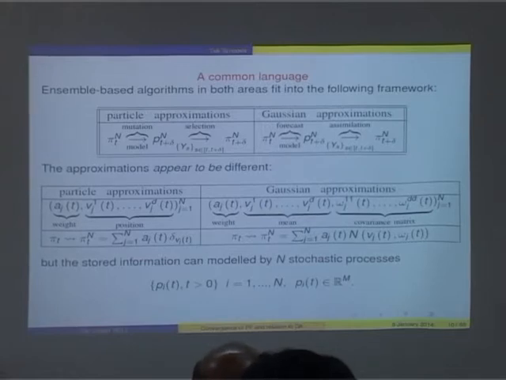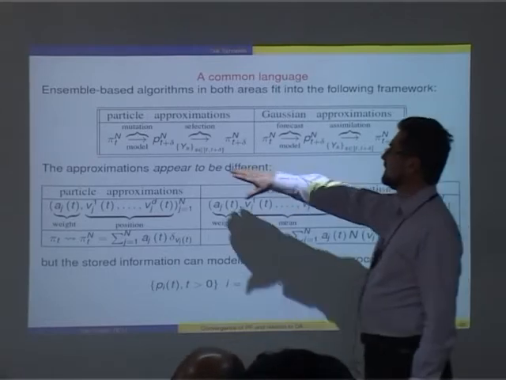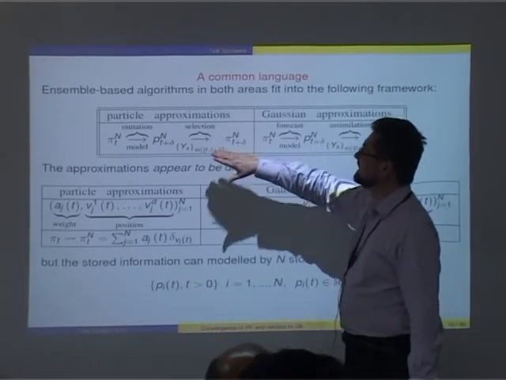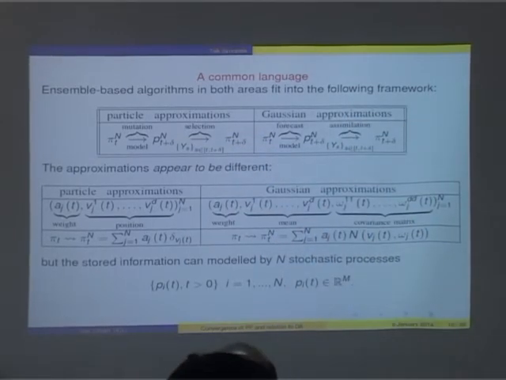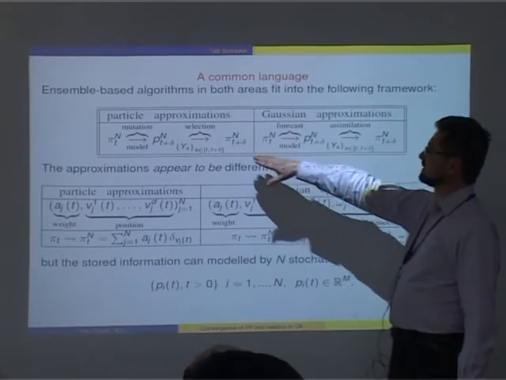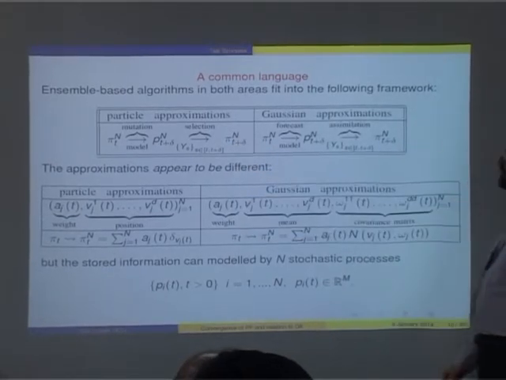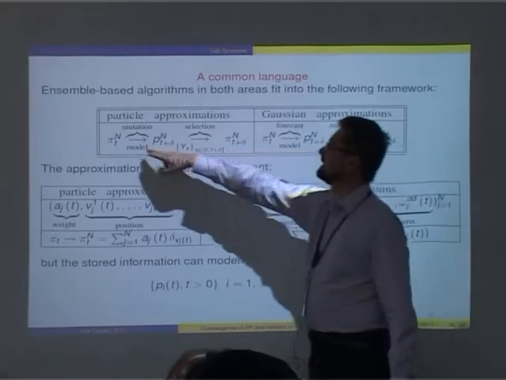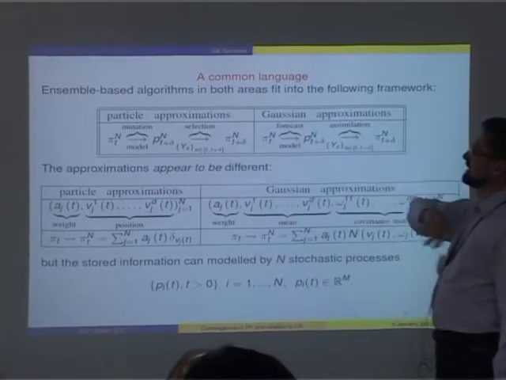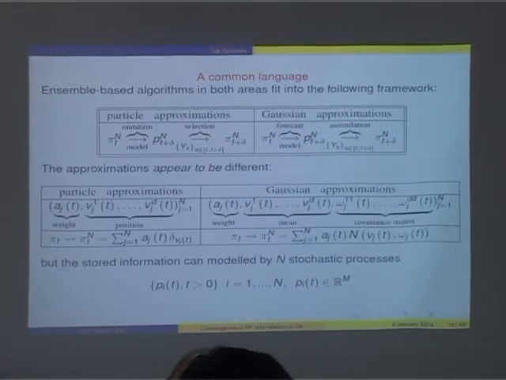You may want to wait, maybe accumulate several observations, and then apply this resampling procedure, this correction procedure, to get the approximation of the conditional distribution of the signal at time t plus delta. Throughout, I have the superscript capital N to show that we work with capital N particles.